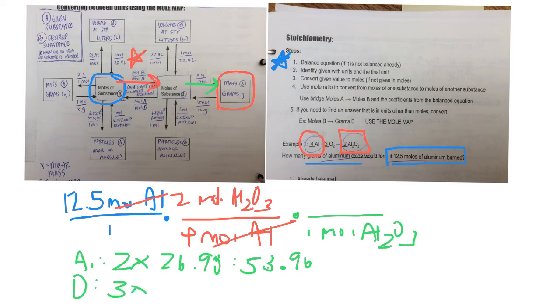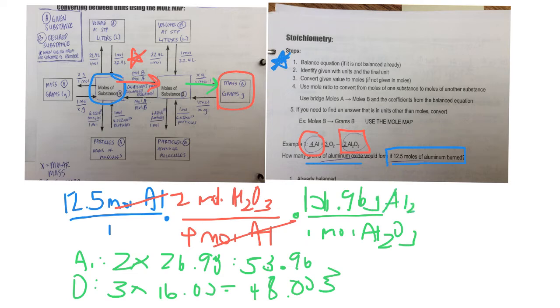So we've got 3 times 16.00, which is going to be 48.00. Collectively, that's 101.96 grams of aluminum oxide.